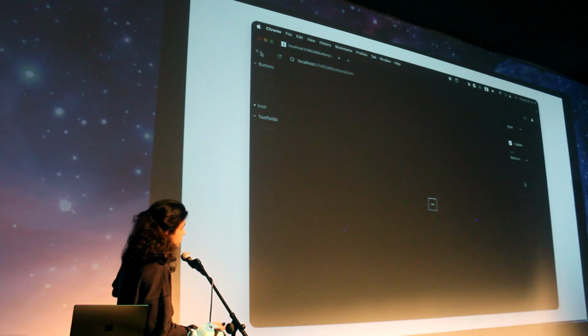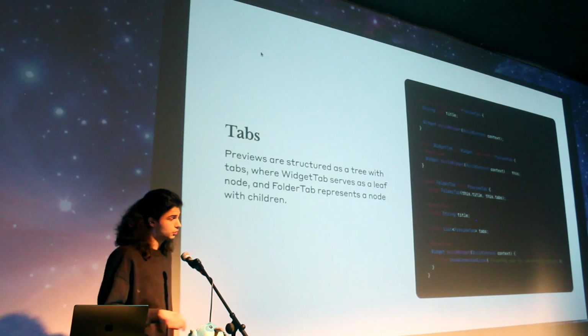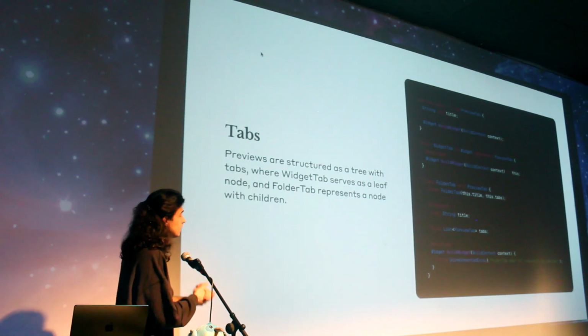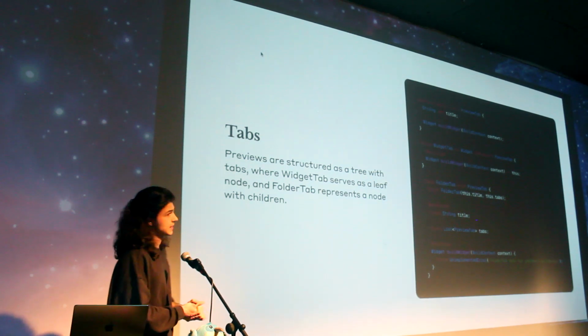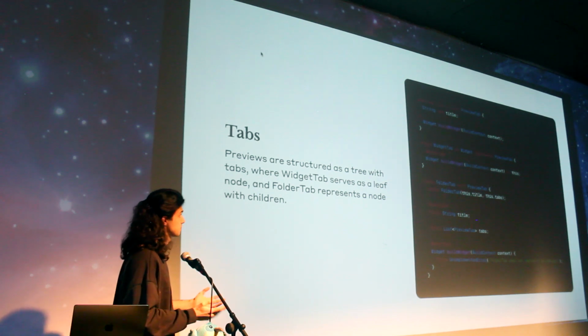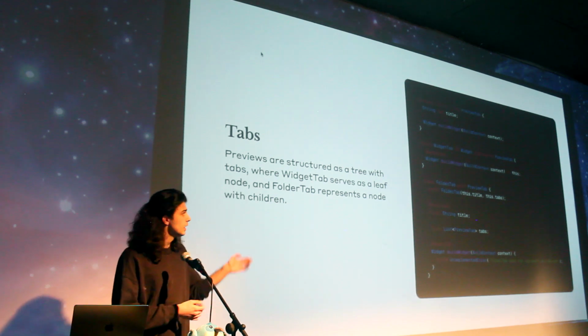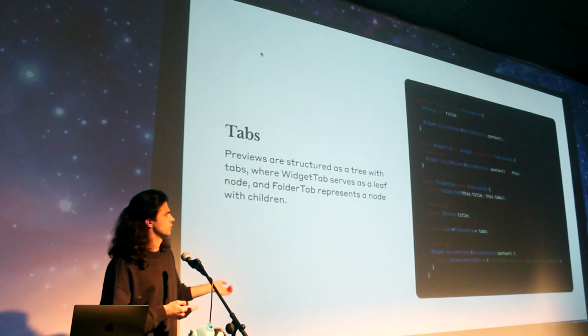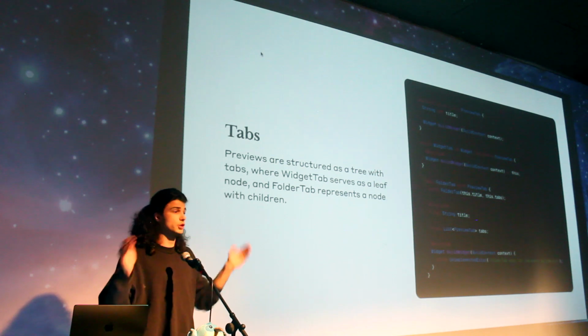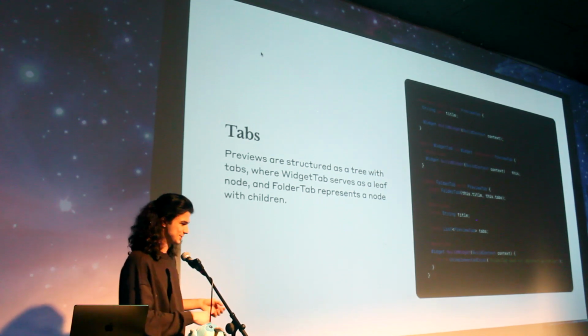So I will not show you how this solution works deeply under the hood, but I will show some high level perspective. So basically, there are two types of tabs. A widget tab, which is basically a tab for a preview, and a folder tab, which is basically a collection of tabs. So, for example, buttons.